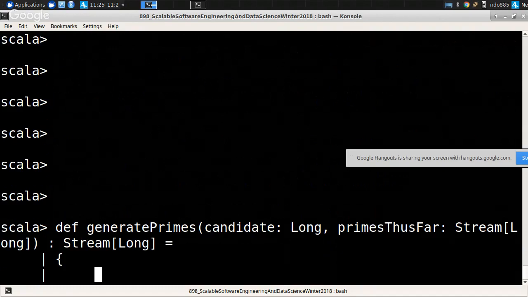So if we have the primes thus far, the primes with value less than n minus 1, and we have this candidate, what could we do that would help us determine if this number, the candidate, is a prime?